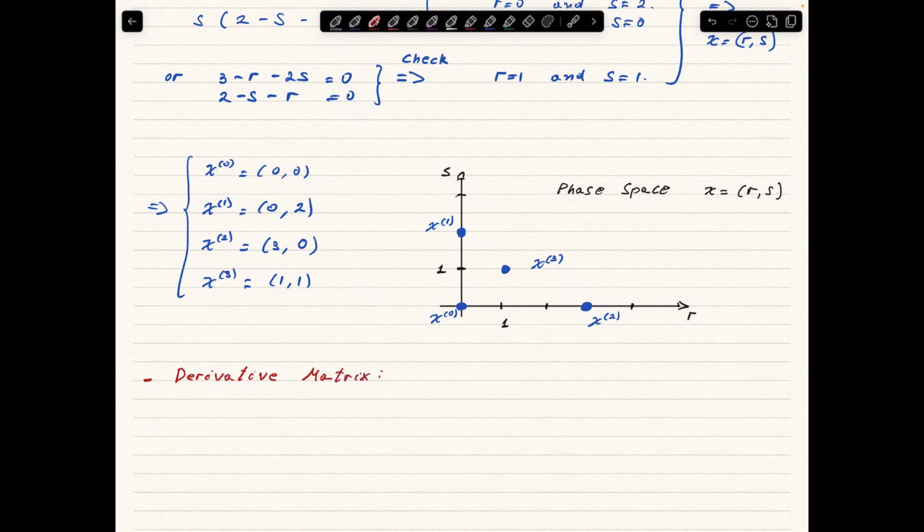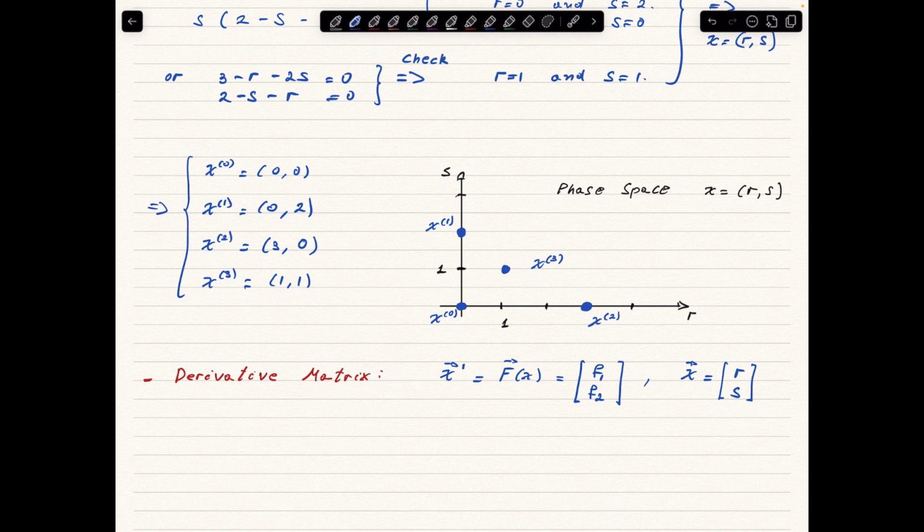Okay, the derivative matrix. Recall our conventions. If we write the equation in vector form as x prime equal some vector field function of the point x, and this vector field has components f1 and f2, and recall we are now using the vector form of the variable, which is rabbit first and sheep later, which agrees with the point version here.